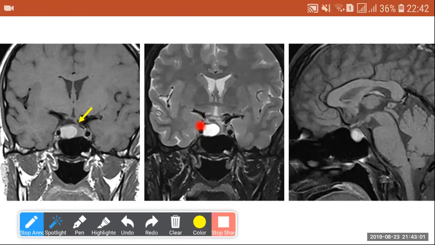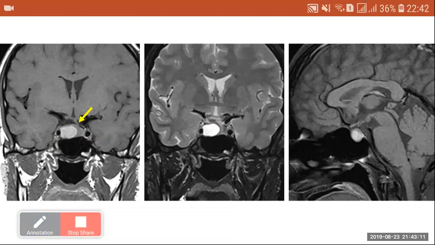So the most important point here is that it is blood. This is a hemorrhage. So did this hemorrhage or this pituitary stalk deviation cause the prolactin, or is it a prolactinoma but hemorrhagic?